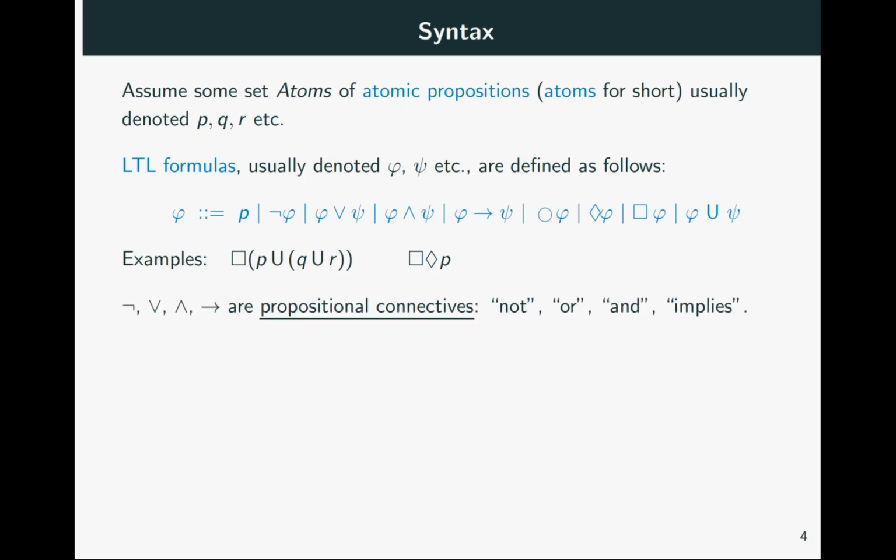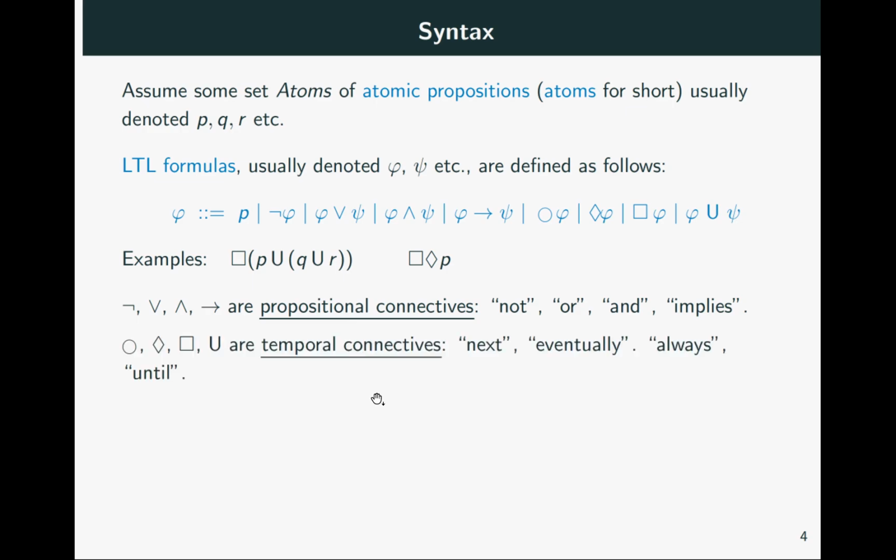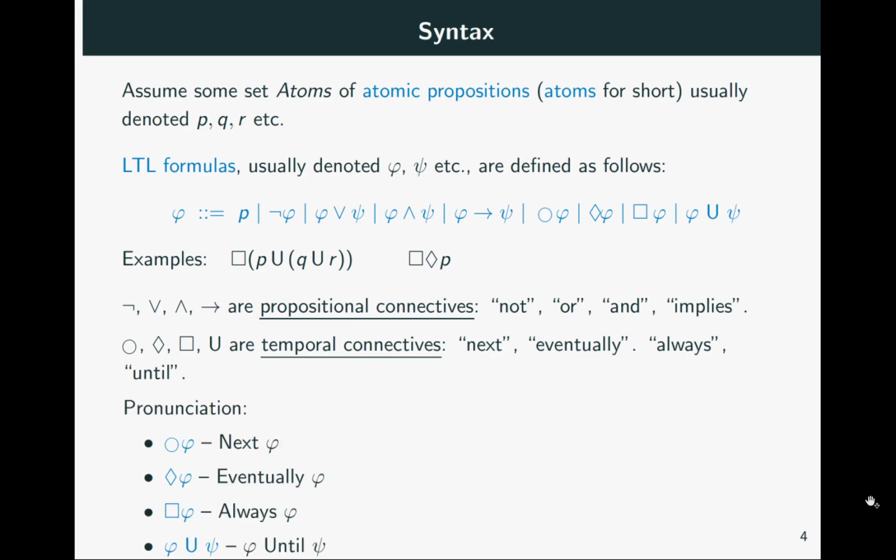We distinguish two kinds of connectives. The propositional connectives: not, also known as negation, or, also known as disjunction, and, also known as conjunction, and implies for implication. And the temporal connectives: next, denoted by circle, eventually, denoted by diamond, always, denoted by box, and until, denoted by capital U. So this is how we read the temporal connectives when applied to any formula phi.